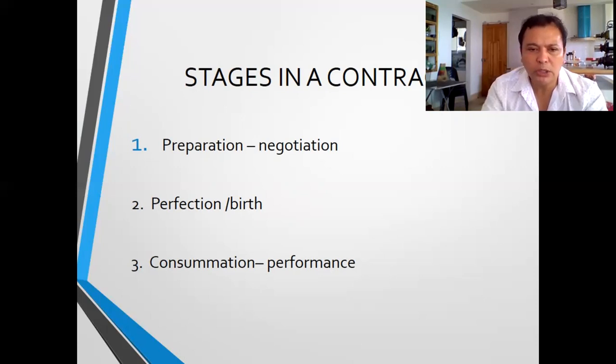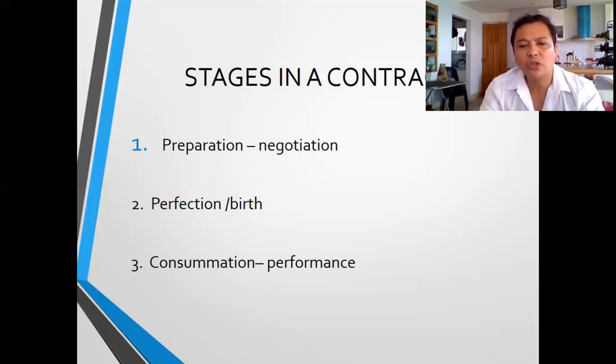And the second stage, perfection or birth, comes when both the parties, the buyer and the seller, agree. In that example, the seller would say, "Okay, you want 800, how about 850?" And then the buyer will agree, "Okay, 850, we'll buy that." So when that comes, that is already perfection.